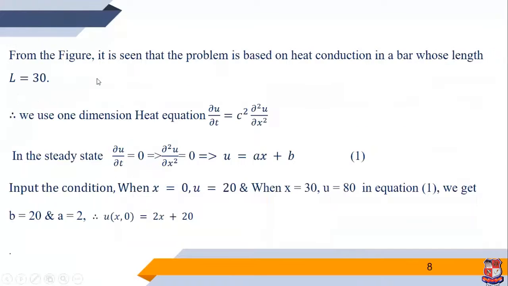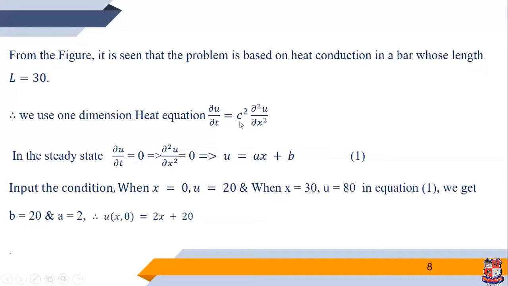So from the figure, it is seen that the problem is based on heat conduction in a bar whose length L is equal to 30. Therefore we use the one dimension heat equation.